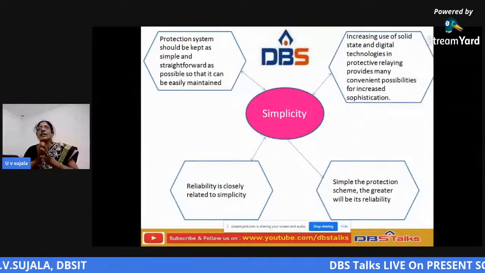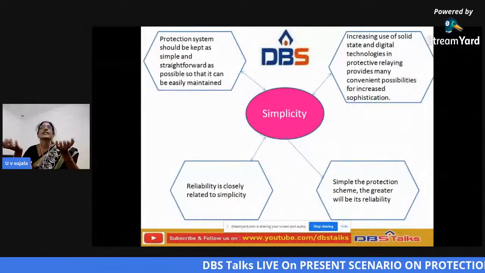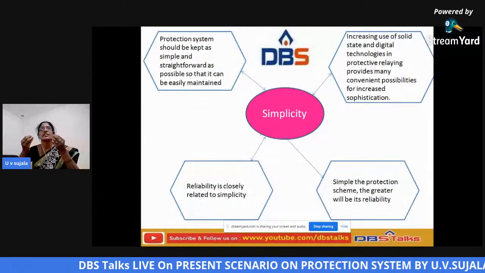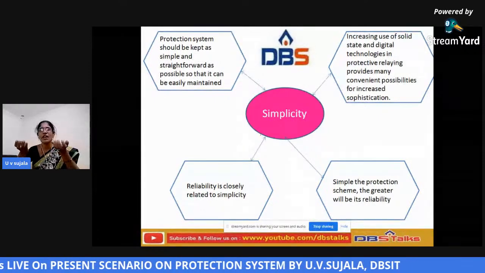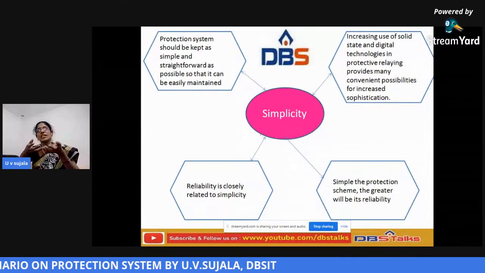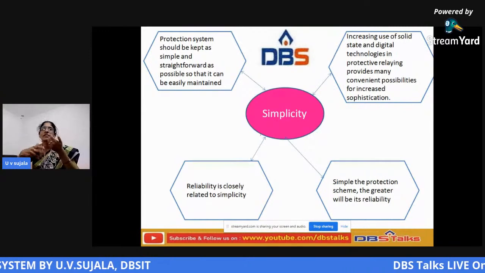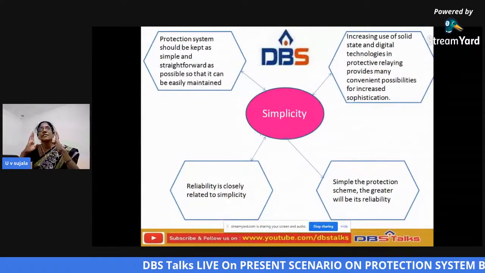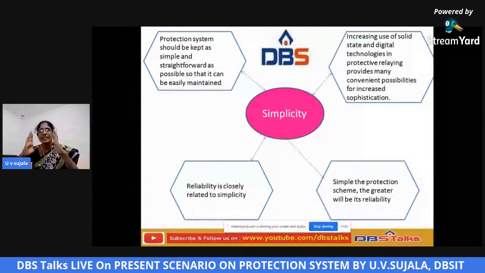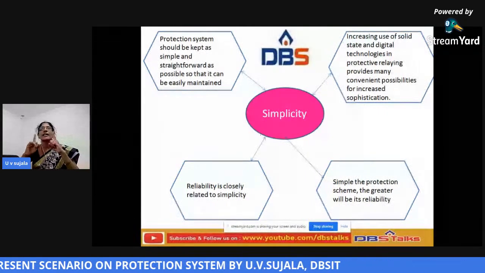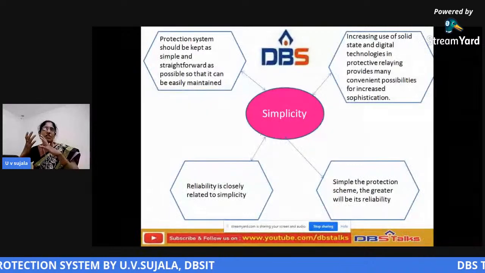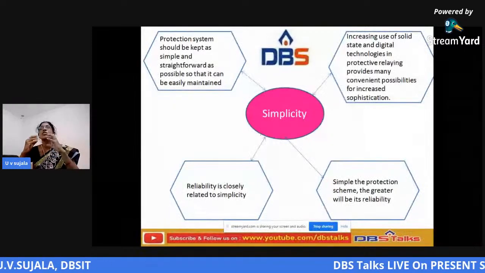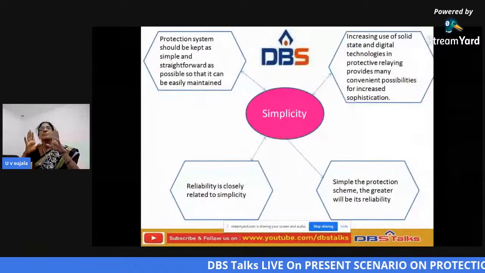If we put it in a complicated form, then whenever any damage occurs, the cost of the equipment will also be more. For that purpose, we should maintain the system in a simple and straightforward manner so that it can be maintained in full.